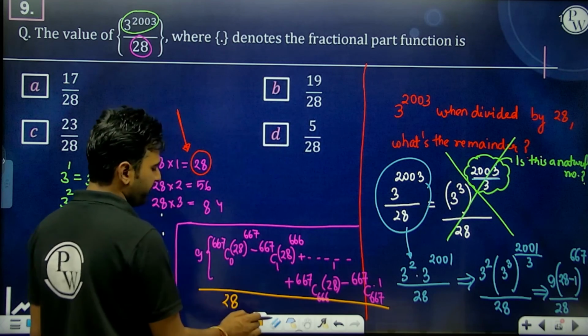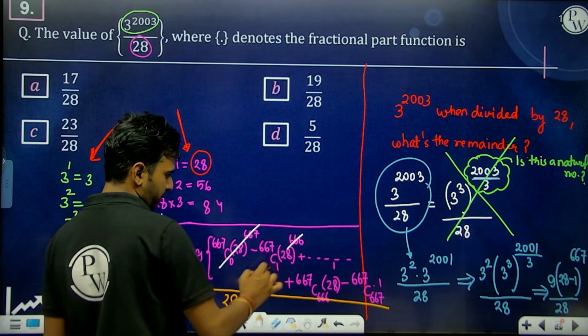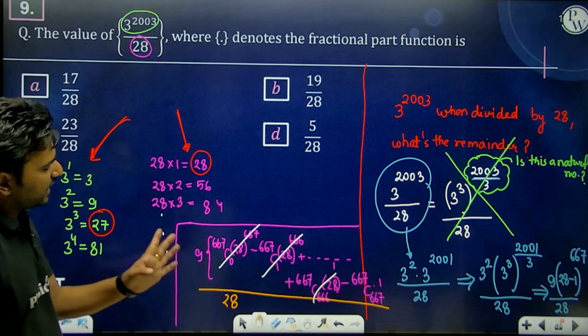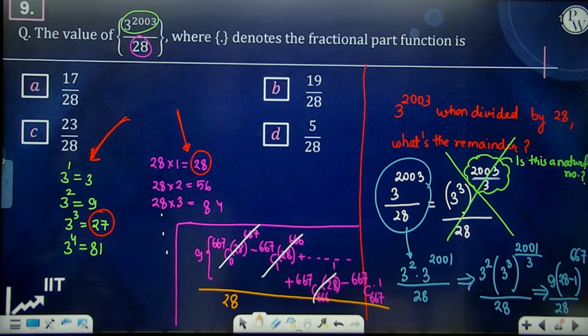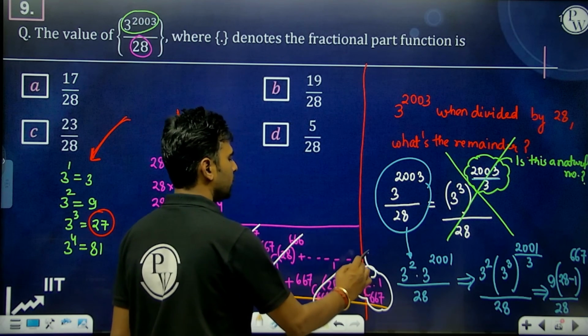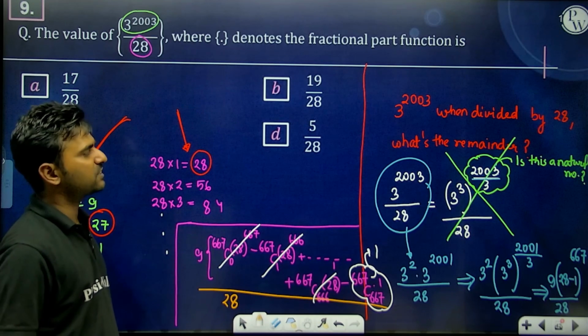Now each and every term will be divisible by 28 because 28 is coming till here. Only the last term will remain, which is equal to 1. So over here minus 1 is left out, and over here 9 is there. So minus 9 will be the answer?